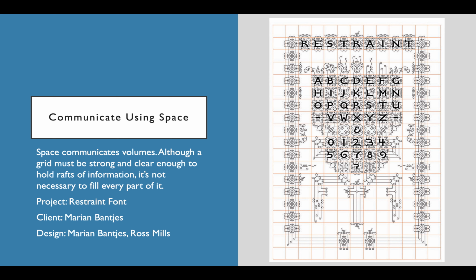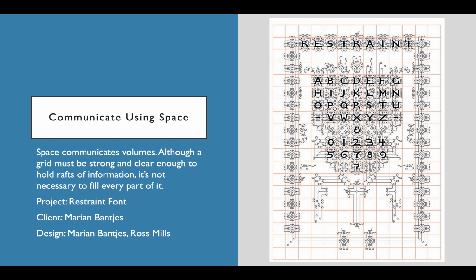Now, here we have a really wonderful maximalist design. So think about space and how either filling the space or leaving gaps can communicate just as well. I absolutely love that this font is called Restraint. Clearly, there is not much restraint in terms of form being applied here.